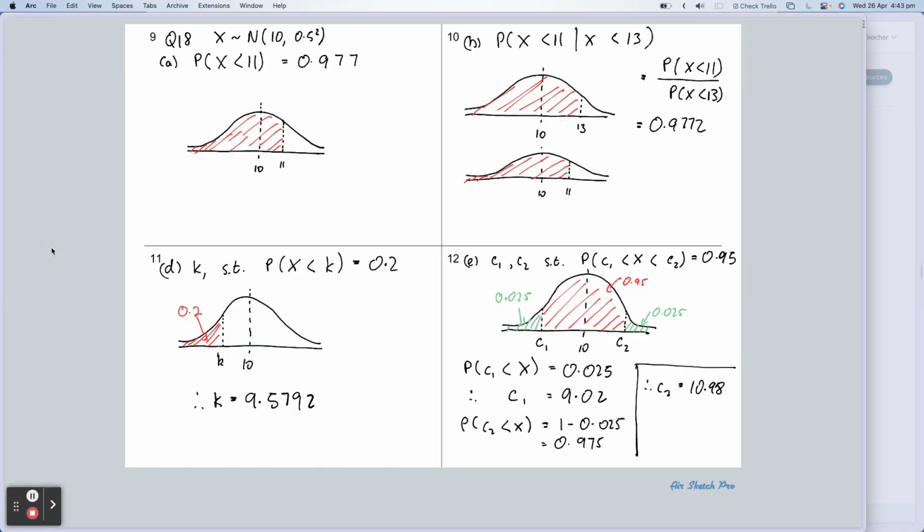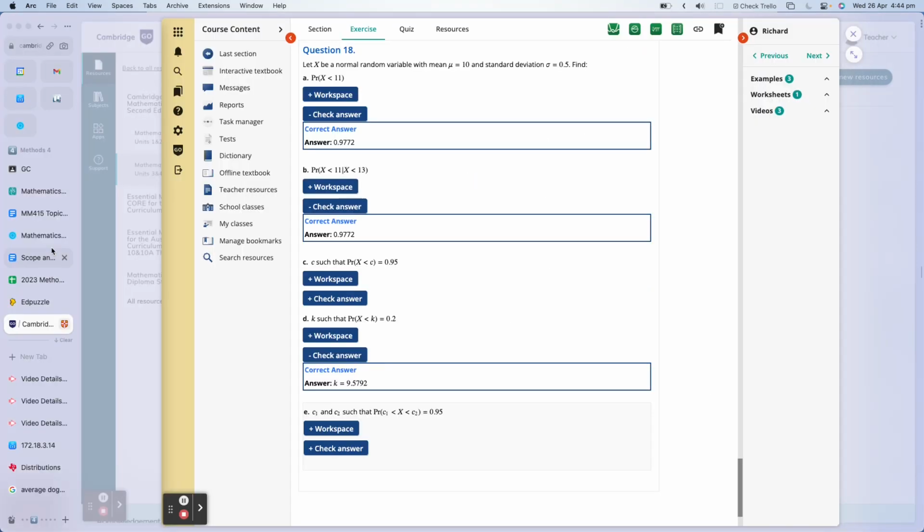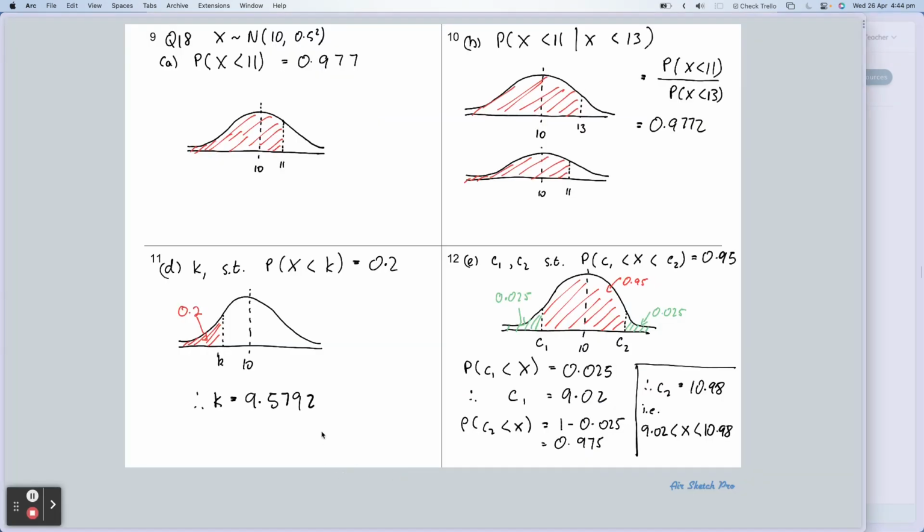That's all it asked me for, but I guess I could say i.e. 9.02 is less than X is less than 10.98. And we'll check our answer to make sure. 9.02 and 10.98. So that is basically it. So that's how you work out a value given a probability.